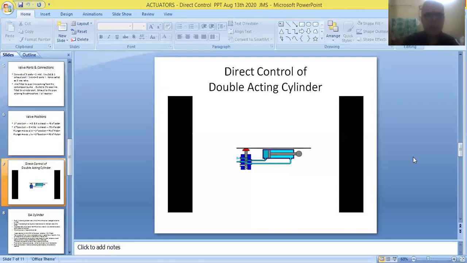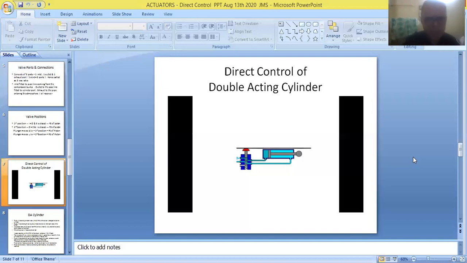And finally, friends, here we can see the arrangement of ports. This is the middle one, the inlet port connected to the pipeline coming from the supply source. And here we have the first outlet of the DC valve, that is connected to the pipeline which is entering the first port of the cylinder.